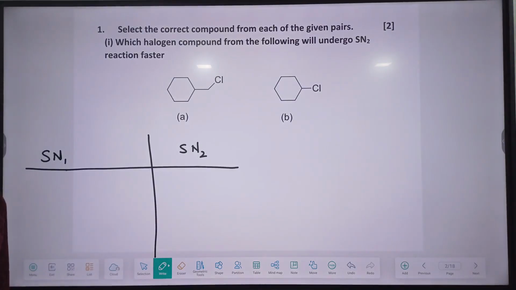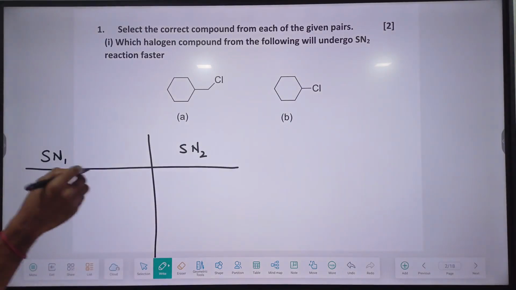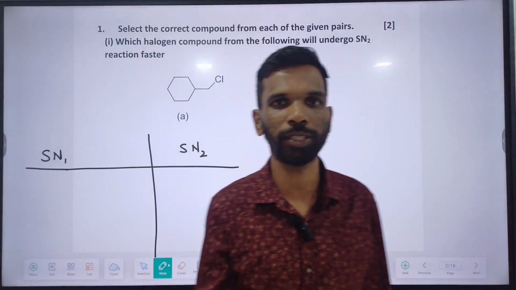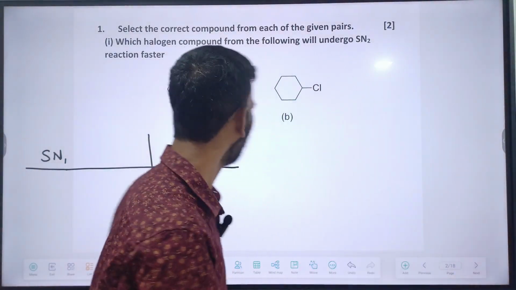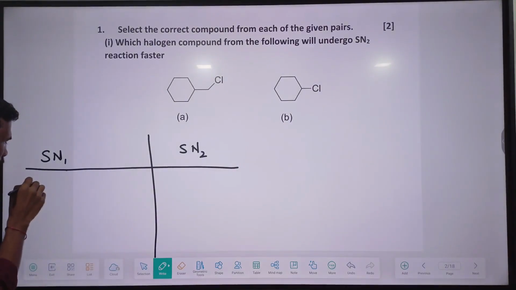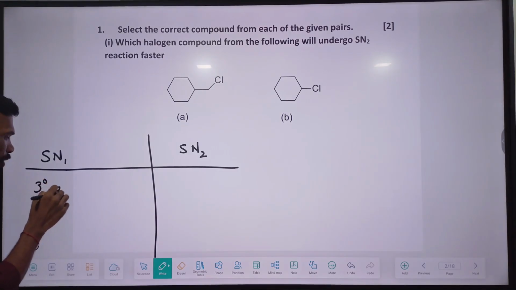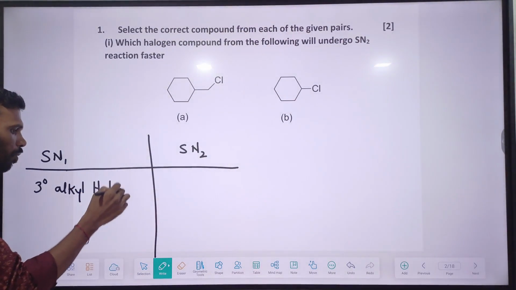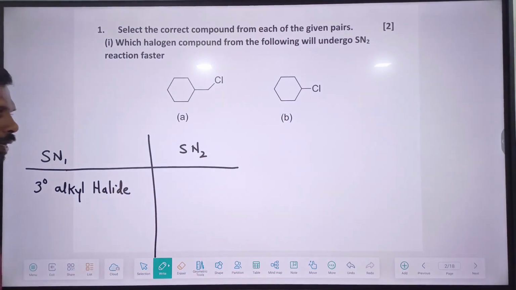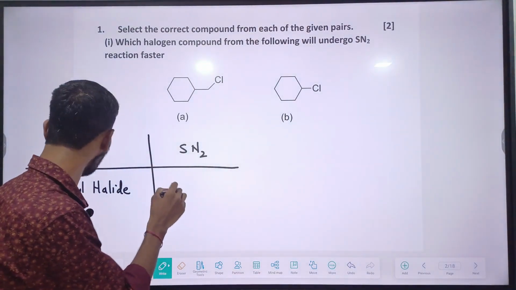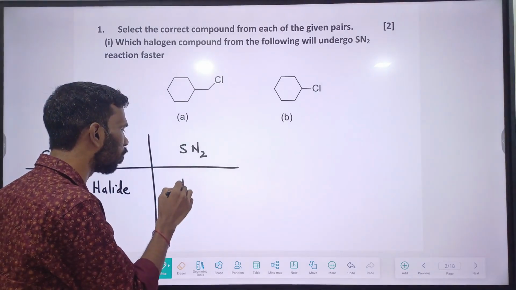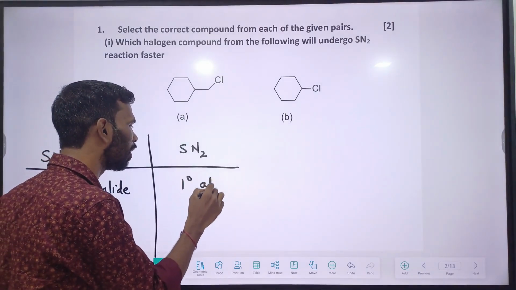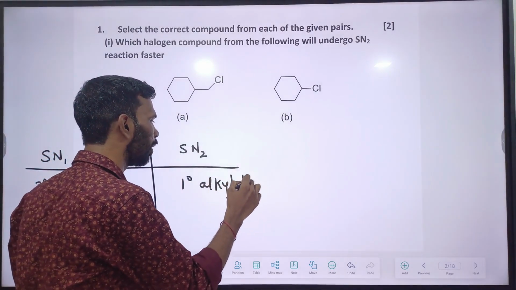And the other is SN2. First difference: if you ask me about primary, secondary and tertiary alkyl halides, SN1 is most favorable for the tertiary alkyl halide, and over here SN2 is most favorable for the primary alkyl halide.